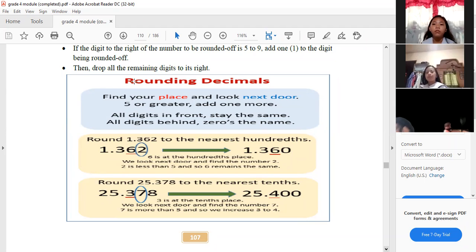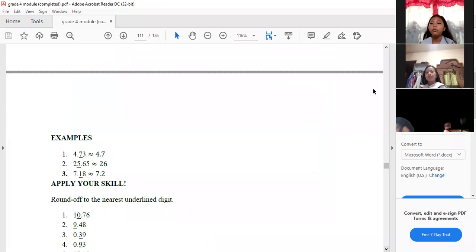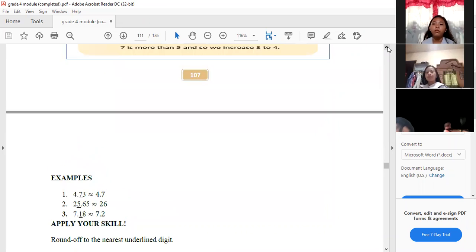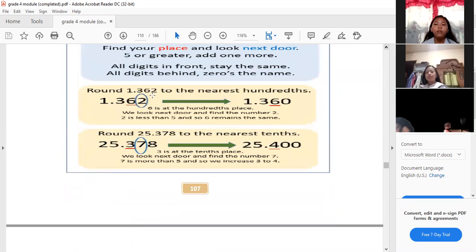For example: round 1.362 to the nearest hundredths. Where is the hundredths place here? We have 6.